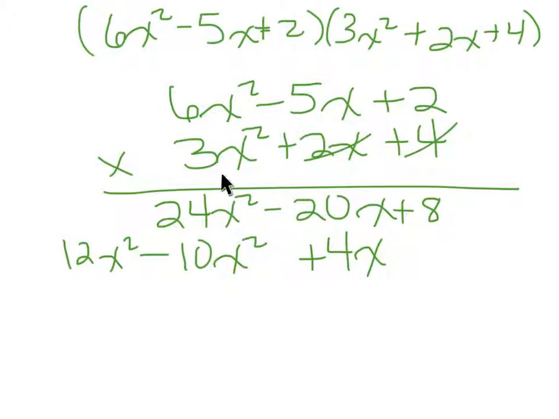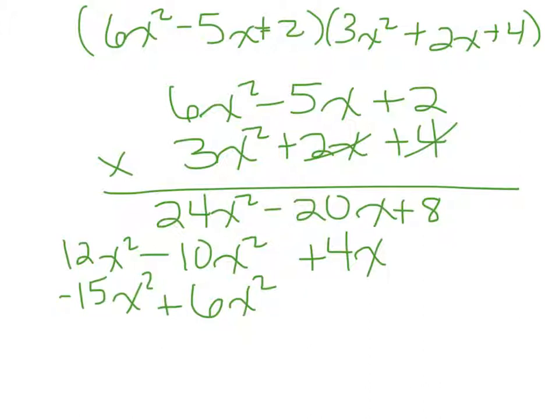So when we get to this third term in the bottom polynomial, we're actually going to leave this space and this space open, and we're going to start writing down here. So now we're going to move to 3x squared times negative 5x, which is going to give us a negative 15x squared. That was a positive 6x squared.